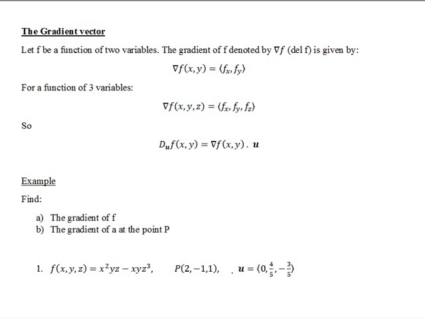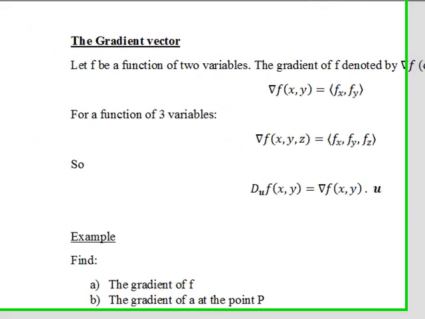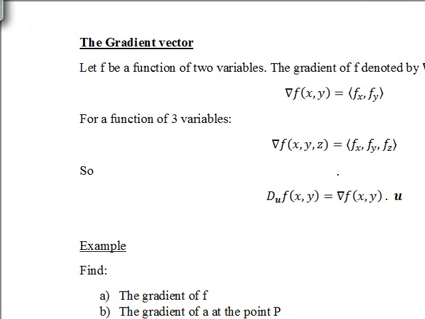For a function of three variables, del f again would be the vector with the three partials. So note, gradient is a vector. Directional derivative is a constant, a scalar. So by the way, another way of writing the directional derivative is the dot product of the gradient with the unit vector. So that's an easy way to learn it.